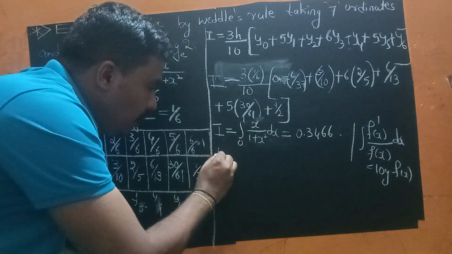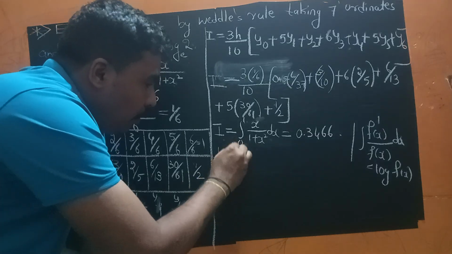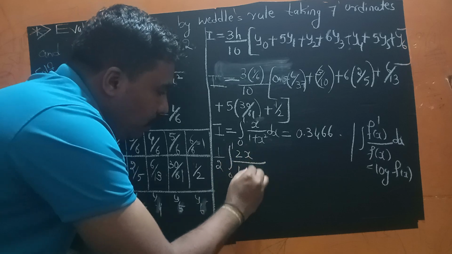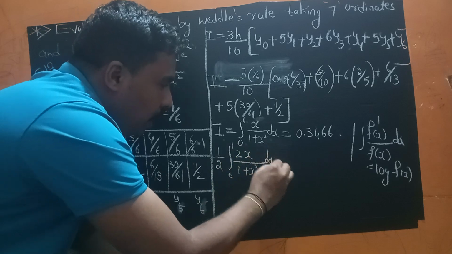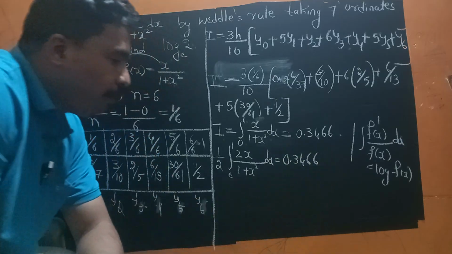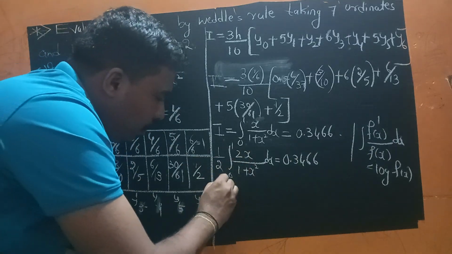So that is the reason I will rewrite this as 1 by 2 integral 0 to 1, 2x by 1 plus x square dx, that is equal to 0.3466. Now as per this rule, the answer is log of the denominator.